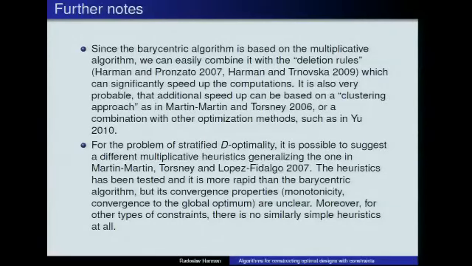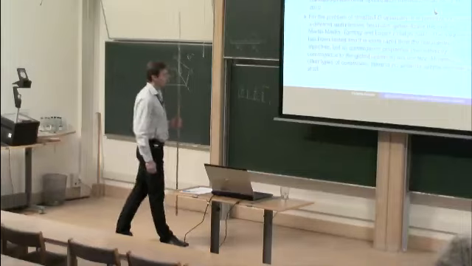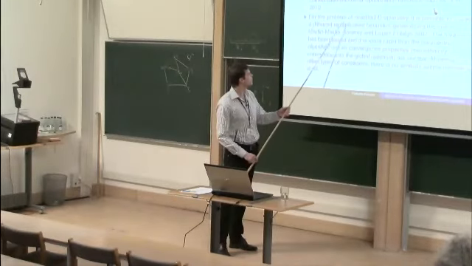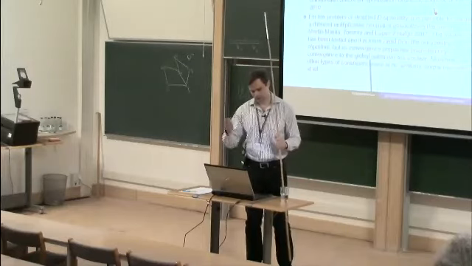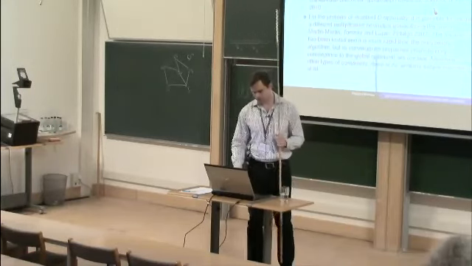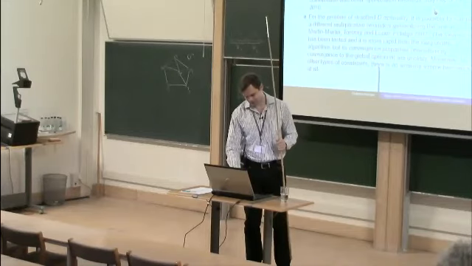For those different constraints, there is no such simple heuristic, at least nothing simple that one could come up with that would work. It's just a specific heuristic for this stratified d-optimality, while this approach of barycentric multiplicative algorithms can, in a systematic way, give us a monotonically convergent algorithm.